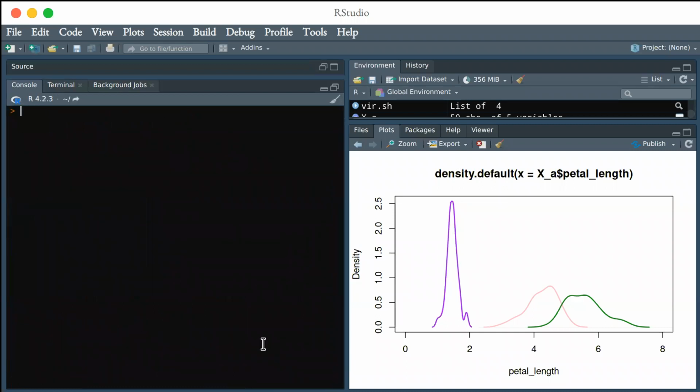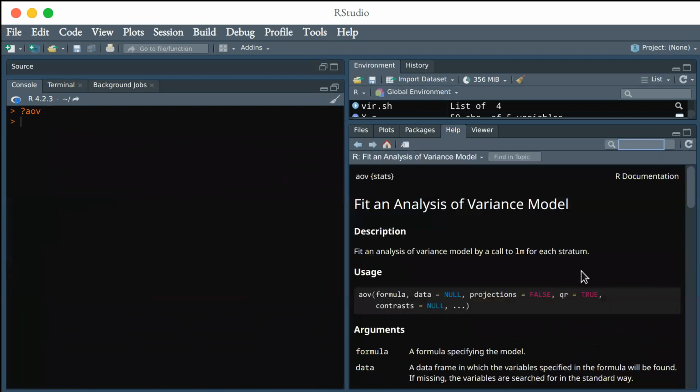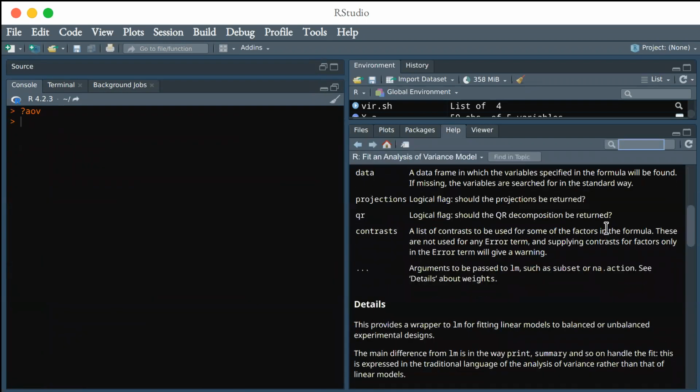There are a couple of ways you can do this. So you can use the contrast option in R. I'm not going to get into that because we have to program it in a specific way.